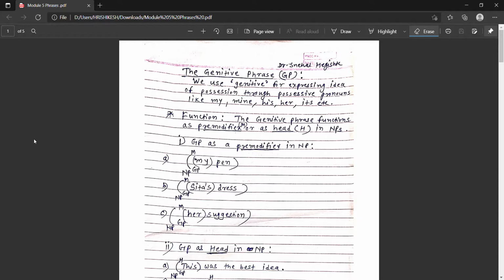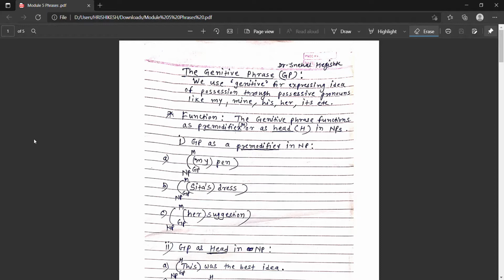What is the grammatical category of dress? Dress is a noun. So dress functions here as a head in Sita's dress, which is a noun phrase. So we discussed that genitive phrase functions as a pre-modifier in noun phrase.